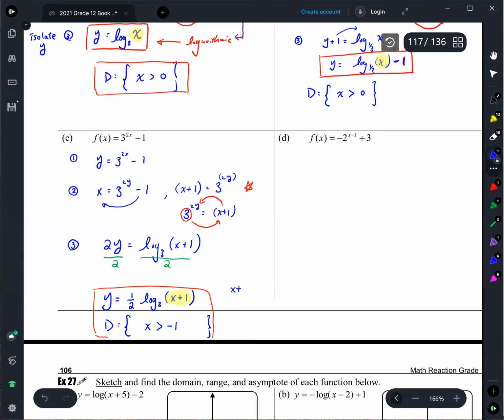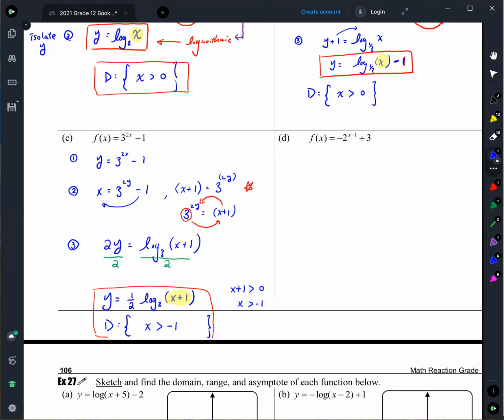So x plus 1, which is the inside, has to be positive, so greater than 0, and then you isolate the x, and that will give you greater than -1. So that's how you figure it out if it's not in exponential form: you need to move it a little bit before you counterclock, and then isolate the y.